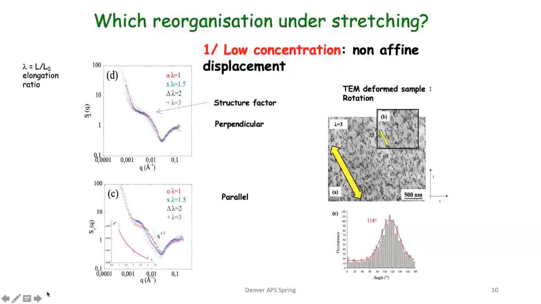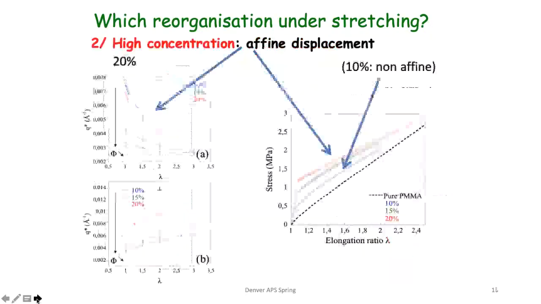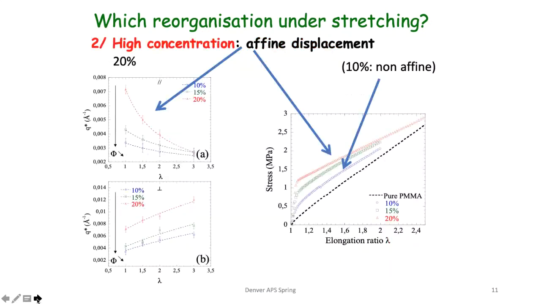So this is one case, but if you now look at a more concentrated case for the same kind of particles, you see now that the peak abscissa, Q star, is following the deformation in an affine way, both in the perpendicular direction and the parallel one. So actually, going to higher concentration makes the displacement more affine, although in principle there is much more difficulty for different aggregates to rearrange with respect to each other.